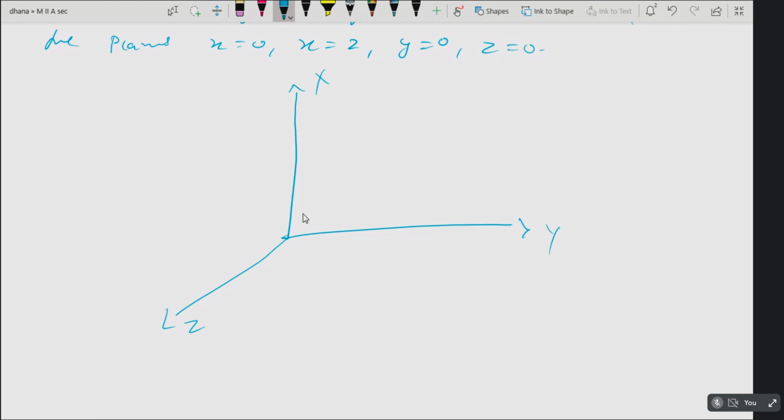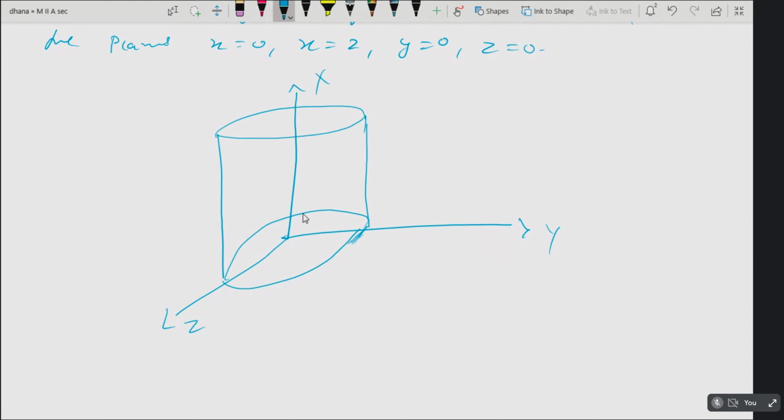Now you have this thing. You draw it properly, a 3D diagram. It's a cylinder. Draw it properly.